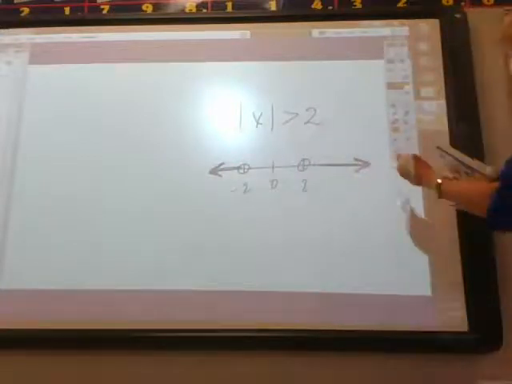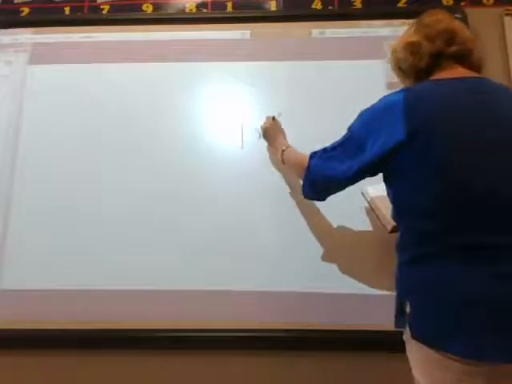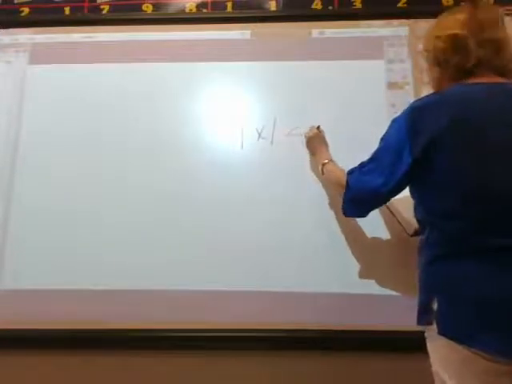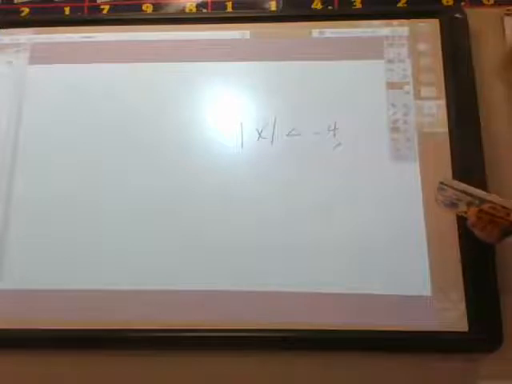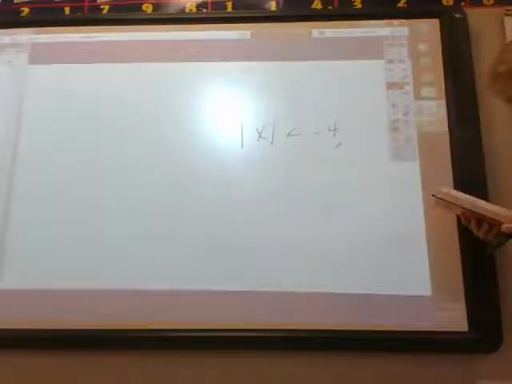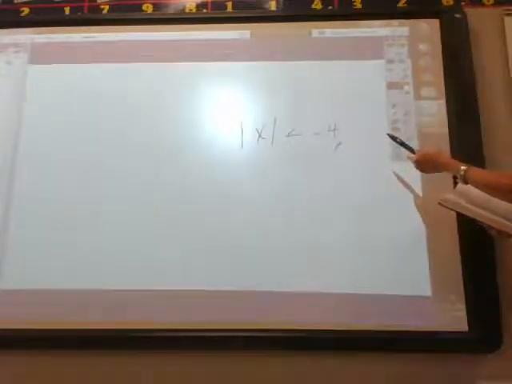The next example, we already did that one, so I'm going to move forward. Example 3. Now this one's interesting. The absolute value of x is less than negative 4. Can an absolute value of x be less than negative 4?